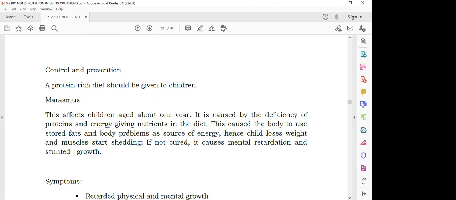Because of this, the child may lose weight and get muscle wasting, and it can cause retardation in the brain or mental activity of the child, and stunted growth.